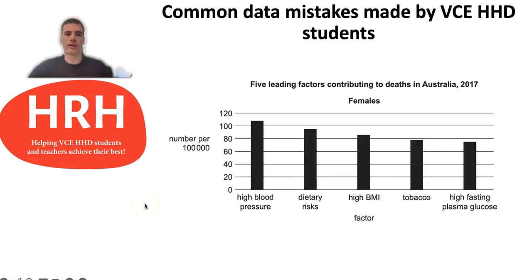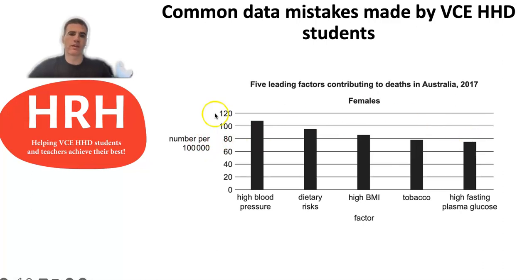This graph here is looking at 5 leading factors that are contributing to deaths in Australia in 2017 for females. Once again, looking at the y-axis, this one's now number per 100,000, and the x-axis is the factor. The common mistake that students often make here is that they refer to, say, high fasting plasma glucose as 78, and they leave off the per 100,000.